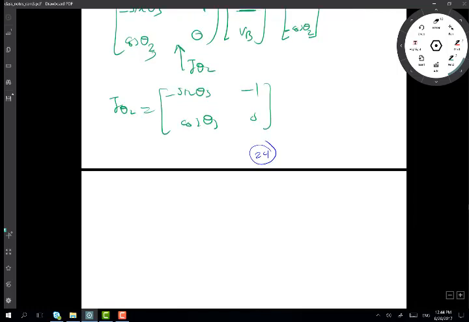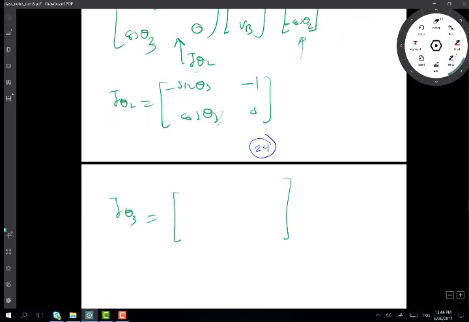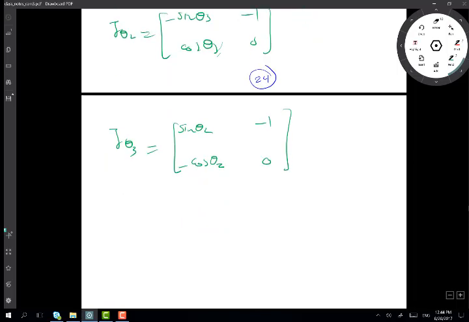How about J theta 3, this matrix? Then I replace the first column by sine theta 2, minus cosine theta 2, and I leave the other column as is. Then how about J xb, because this corresponds to the distance xb.